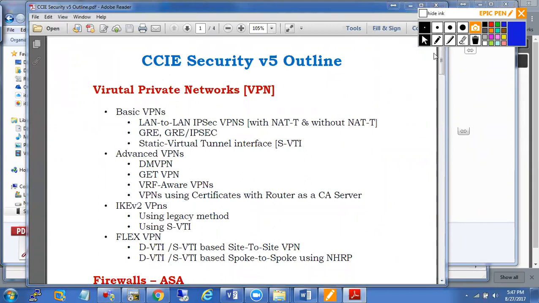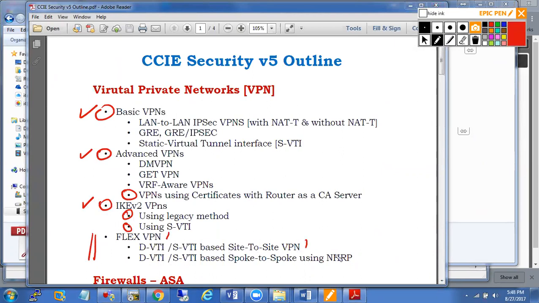The plan today is to finish off. This part is done already. This part will be done. We have this pending, and this will be done. So the only thing left over will be the Flex VPN part. We'll do that next week.